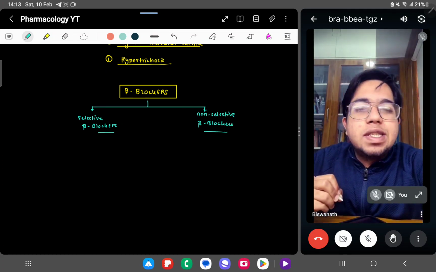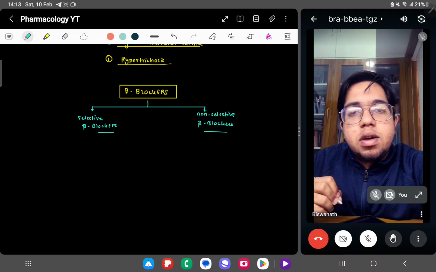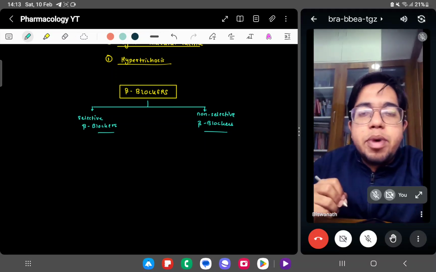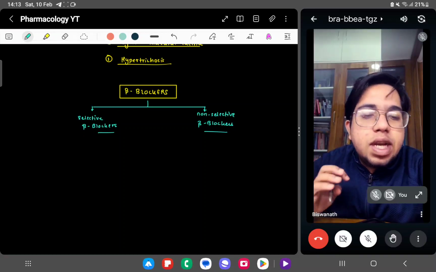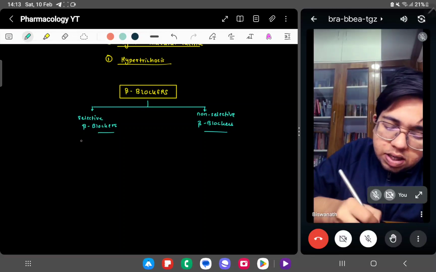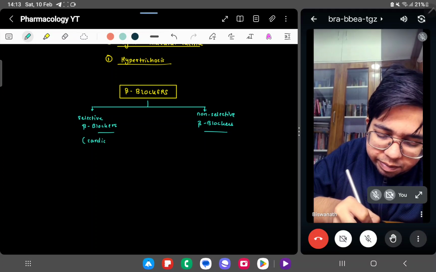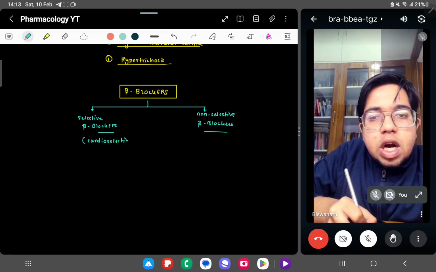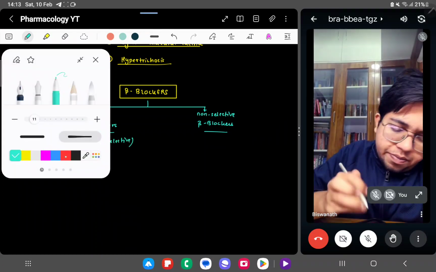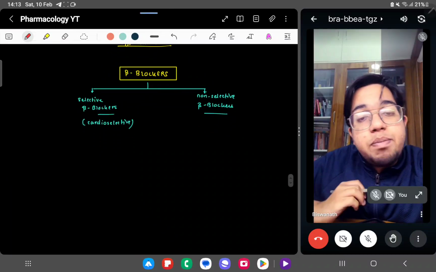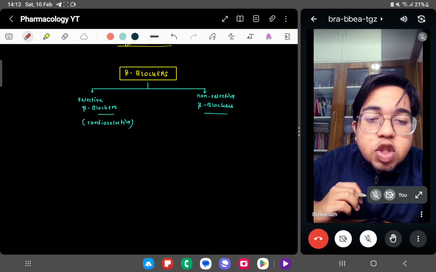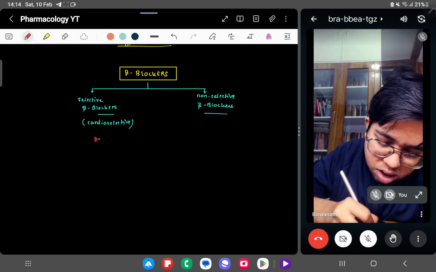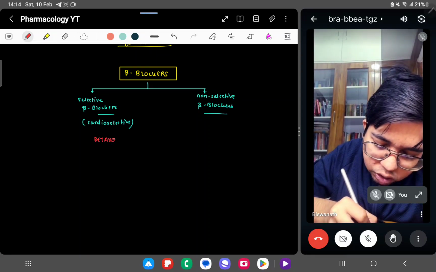If you are discussing selective and non-selective, you can just remember that selective beta blockers are often called cardio-selective beta blockers as well. The main example of a cardio-selective beta blocker is betaxolol.